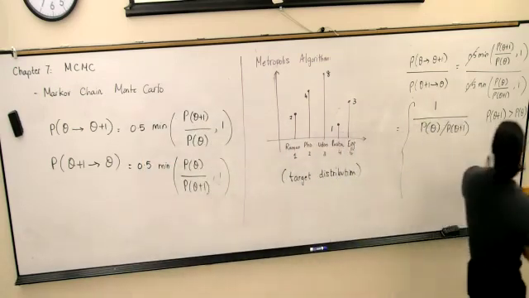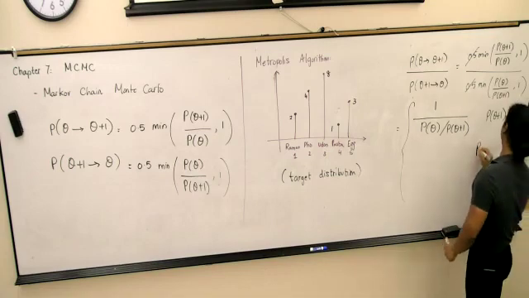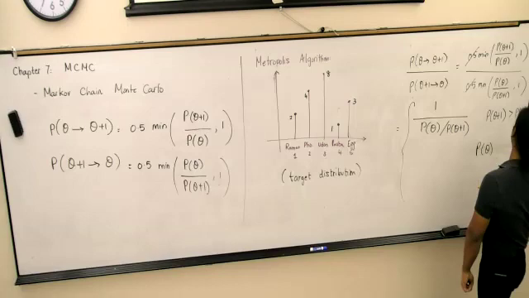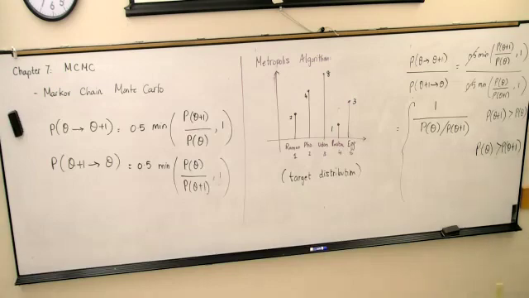Now, the second case, P of theta is greater than P of theta plus 1. If P of theta is bigger than P of theta plus 1, that's going to be smaller than 1.